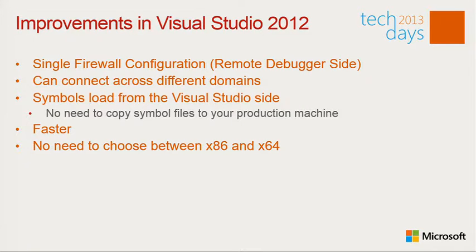So now, if you have a machine with an x64 operating system, which you most certainly do if you're running servers, then all you need to do is install the x64 version, and it will automatically manage a connection with the x86. It takes the x86 version with it and automatically manages that connection so that you don't need to do any manual configuration there. It's sort of an it just works approach.